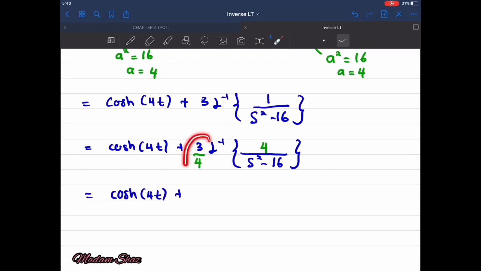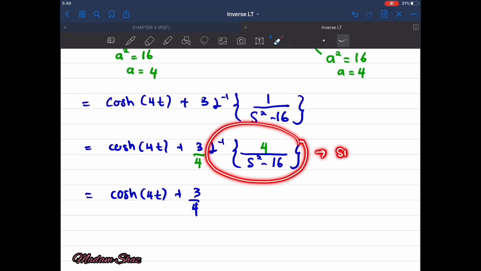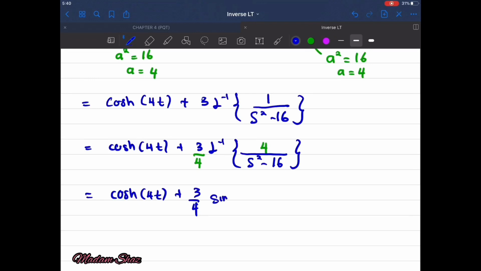Plus 3 over 4 is a constant, 3 over 4. Laplace inverse 4 over s square minus 16 will become sinh of at, whereby our a is equal to 4. Sinh of 4t. So this is the final answer for the inverse Laplace transform for the example A.